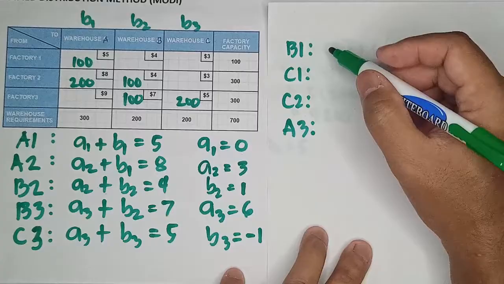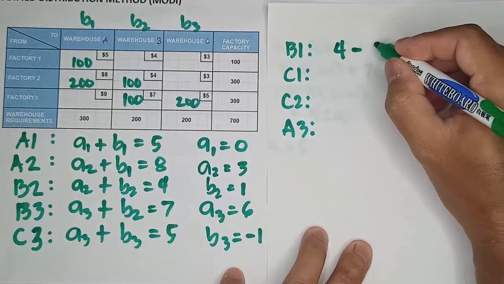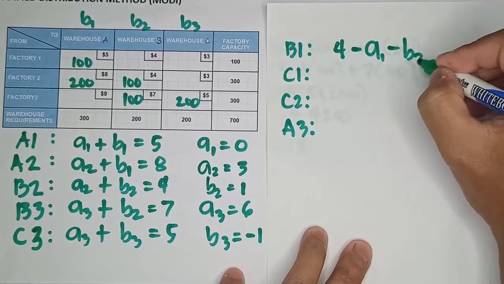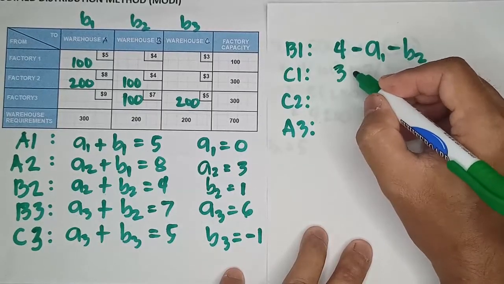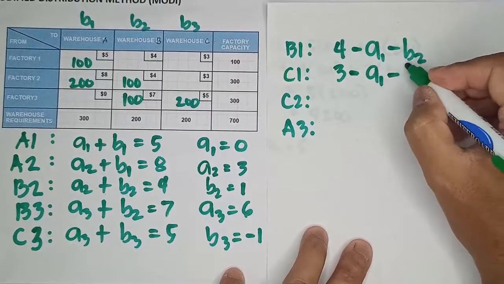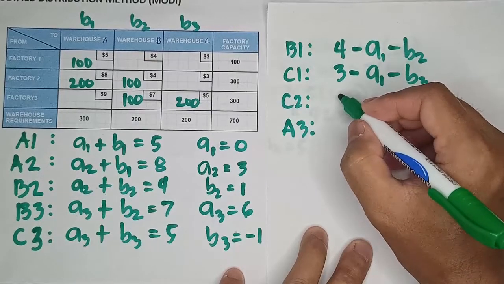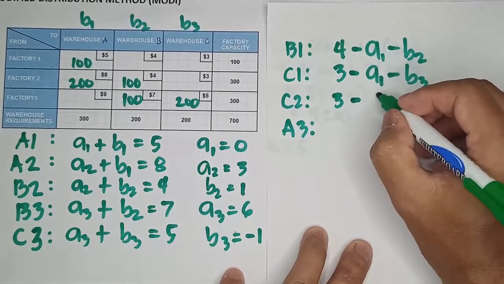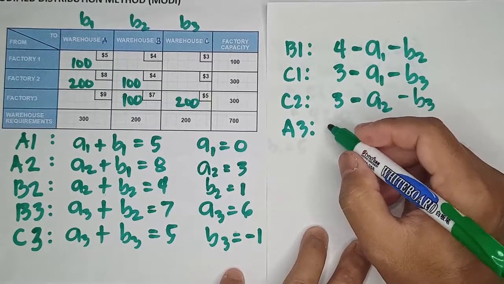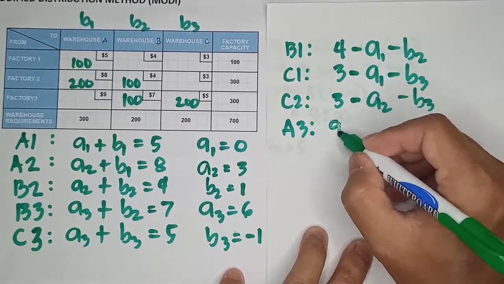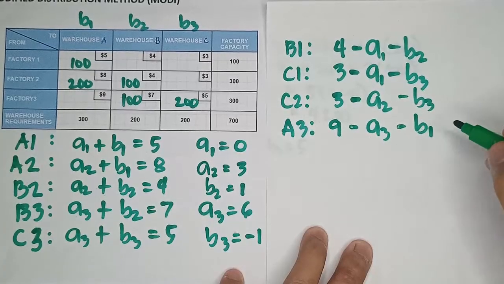The equation for B1 is 4 minus A1 minus B2. The equation for C1 is 3 minus A1 minus B3. The equation for C2 is 3 minus A2 minus B3. The equation for A3 is 9 minus A3 minus B1.